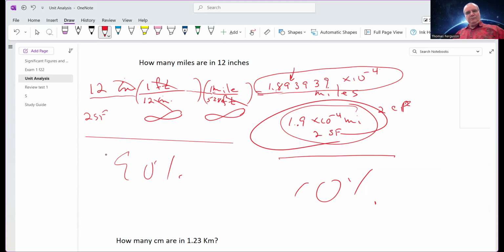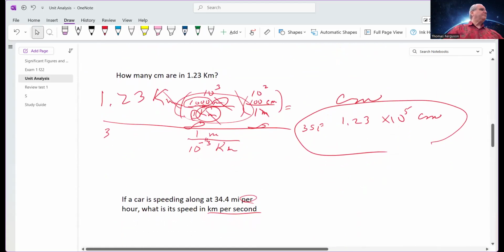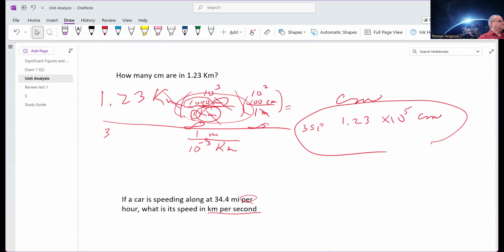Okay, all right. Any questions about this guy? The conversion for centimeters to meters isn't given on this. How did you find the conversion?